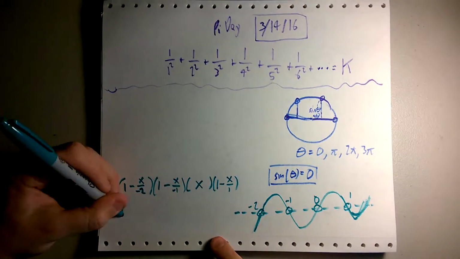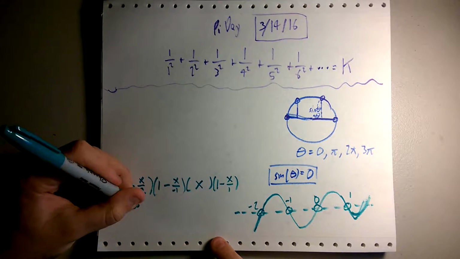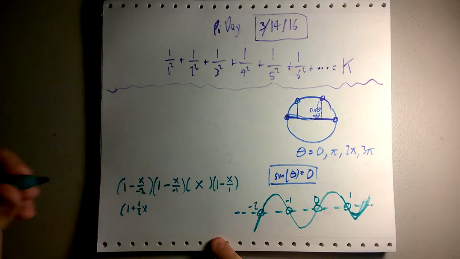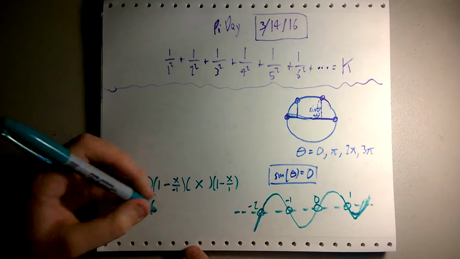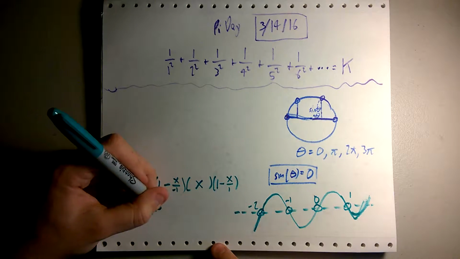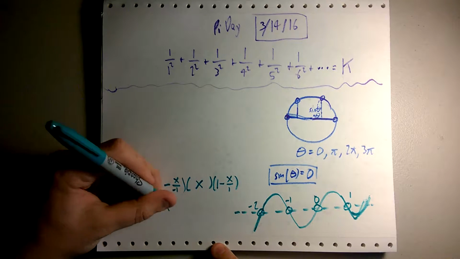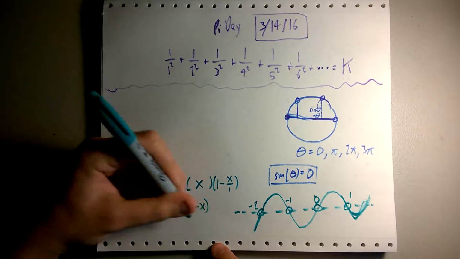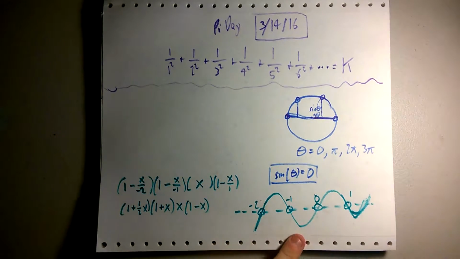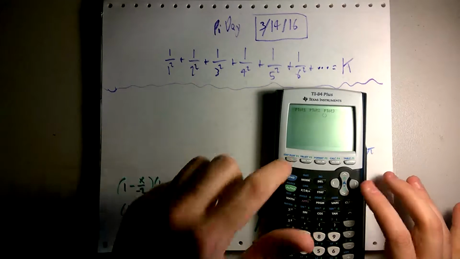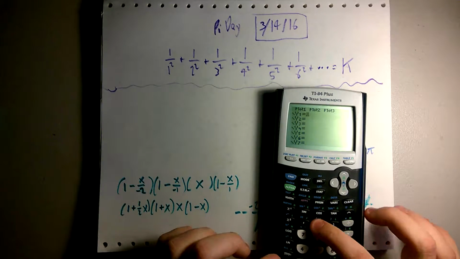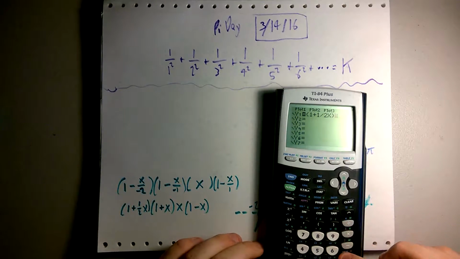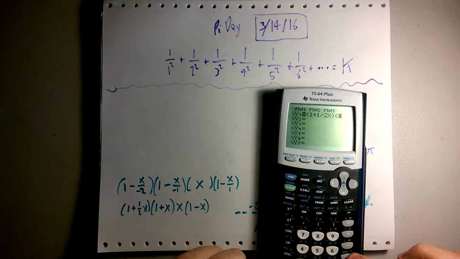So let's simplify this a bit. There's 1 minus x over -2, except the minuses combine to make a positive, so 1 plus half x. This is 1 minus -1 x, or 1 plus x. This is x, and this is 1 minus x. Good. Let's see if we get this shape. We should. That's when the equation equals 0. So 1 plus half x, and now we also have a 1 plus x.